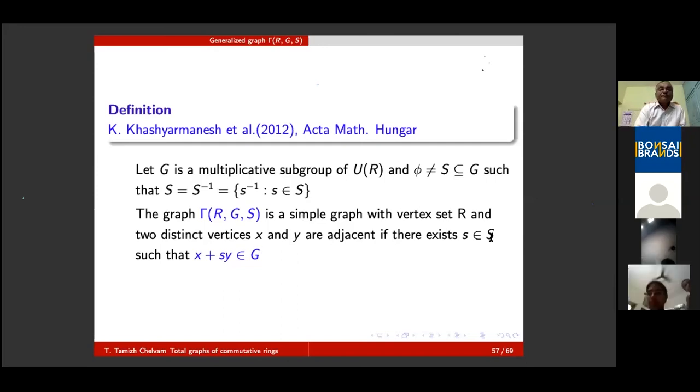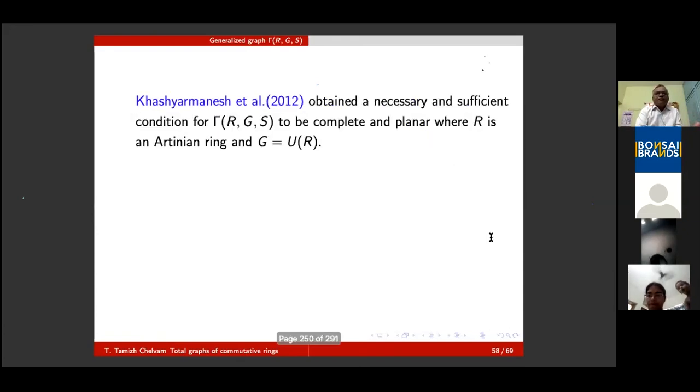Of course, they could not give a name for this graph because this class includes several standard graphs. Having introduced this, they obtained necessary and sufficient conditions for when this graph is complete, when it is planar, when R is an Artinian ring, and the infinite case also.